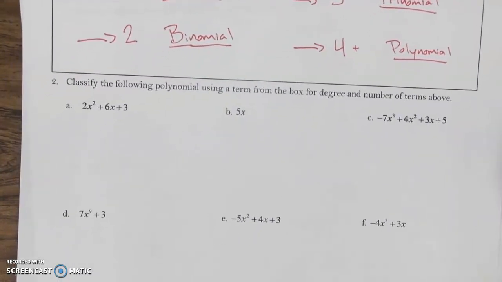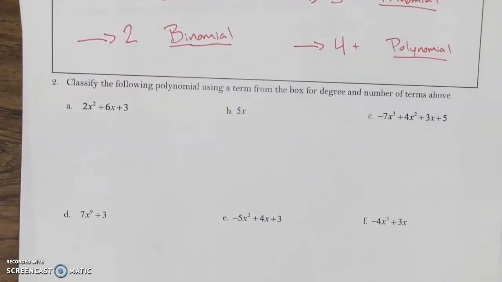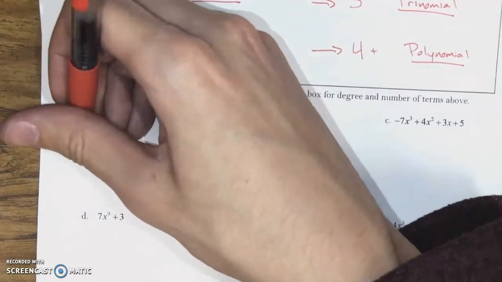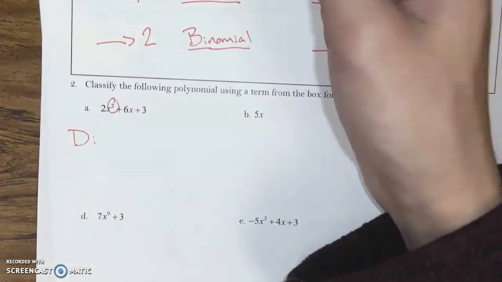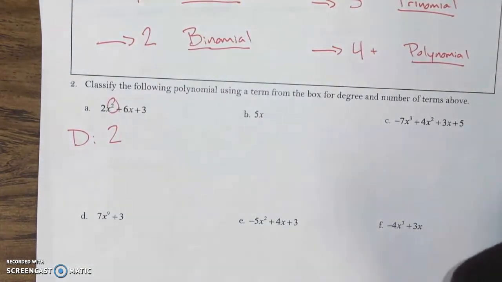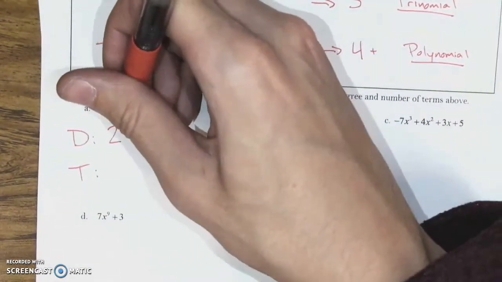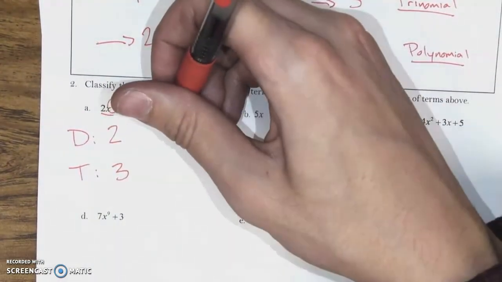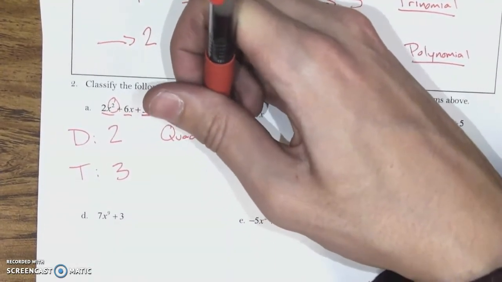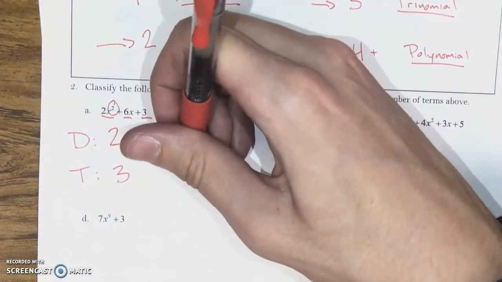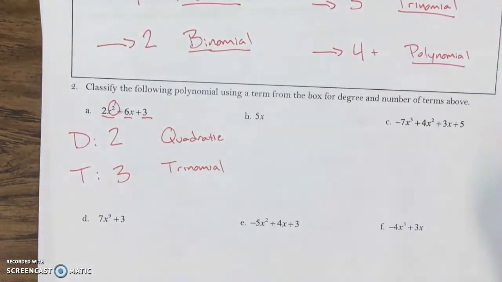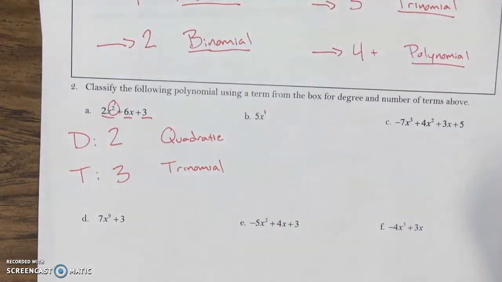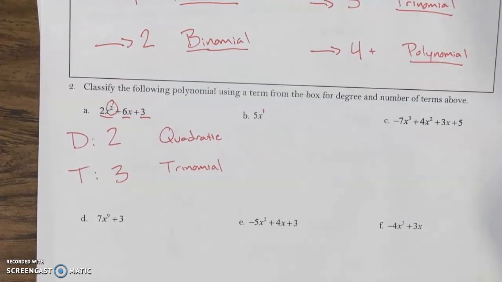Let's classify the following using the number of terms and the degree for the polynomials. This here, the highest exponent, the degree, is right here, 2. The degree is 2. The number of terms that we have, 1, 2, 3 terms separated by addition. So we would call this a quadratic trinomial. This here, our highest power. Remember, when it's not written, we can always say that the power is 1.